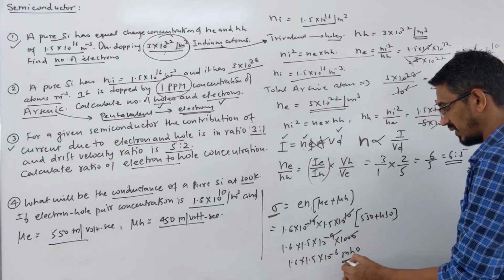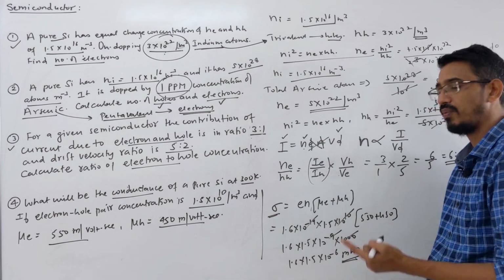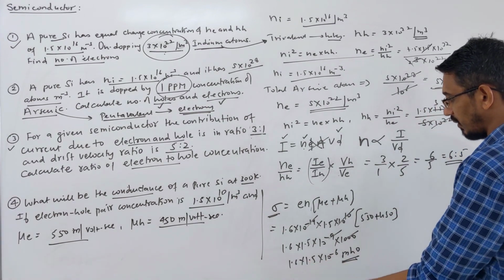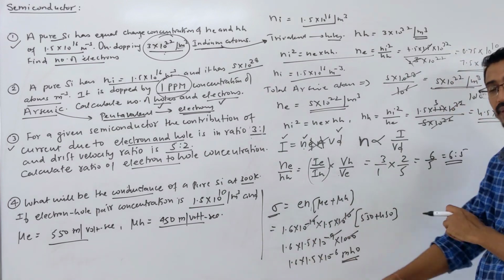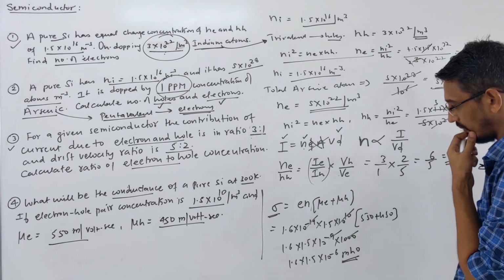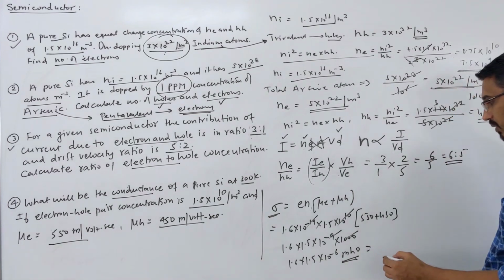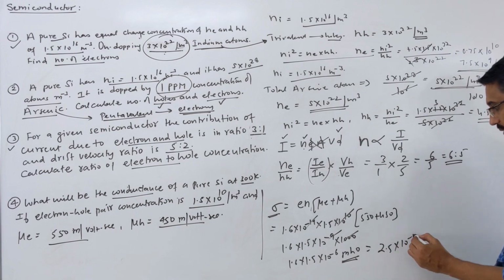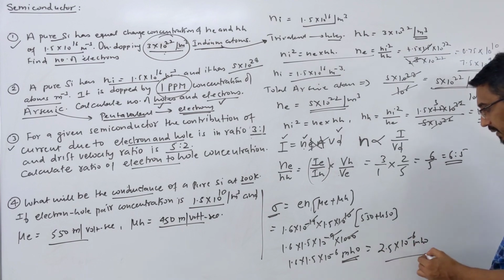Mho. All these things, if you don't know, there is no problem, we will learn in current electricity. So this number will come something like 15 into 15 is 225, and plus 15 more, it becomes 250, meaning 2.5 into 10 power minus 6. Something like that, the answer will come.